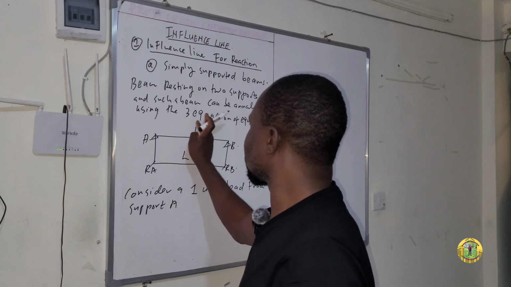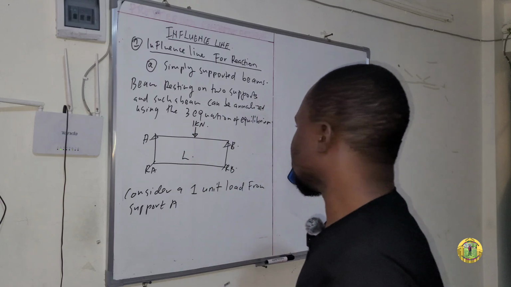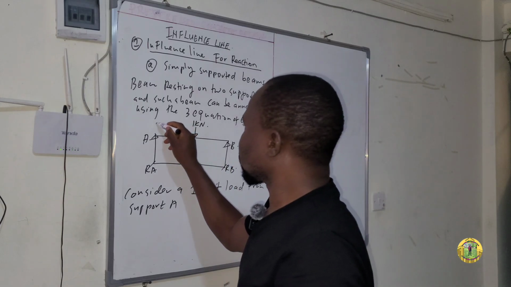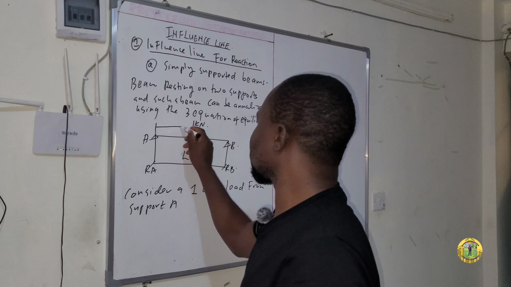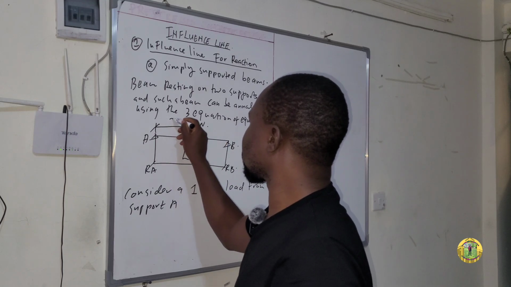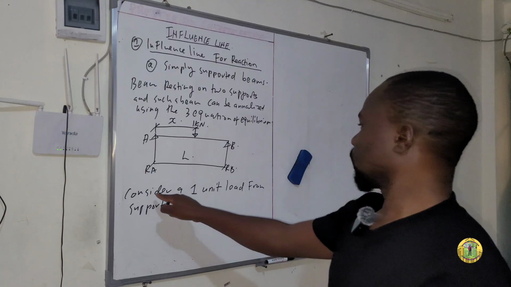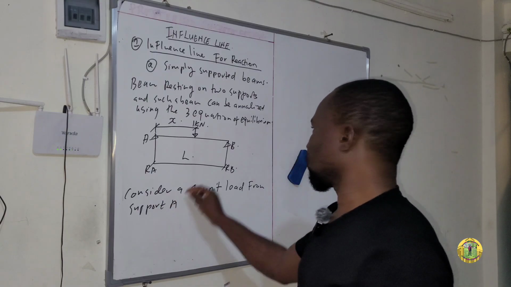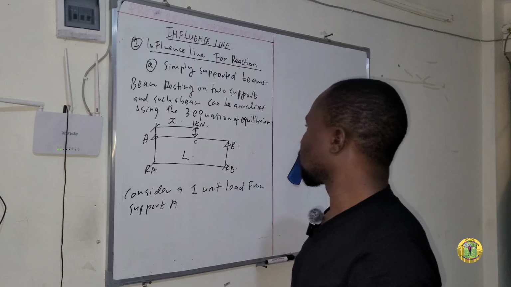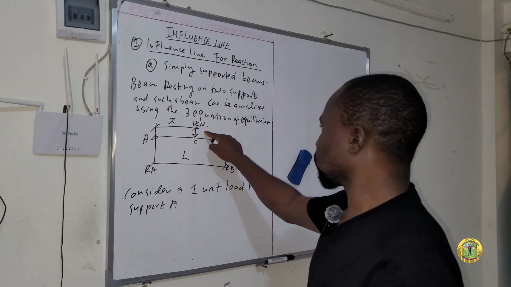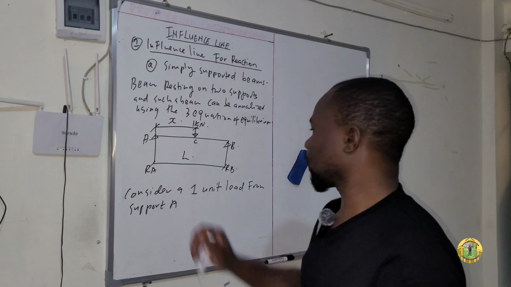This is 1 kilonewton. The distance from support A to where the unit load is acting, we call it X. Let's call this point C. This is 1 kilonewton acting at point C at a distance of X from A.